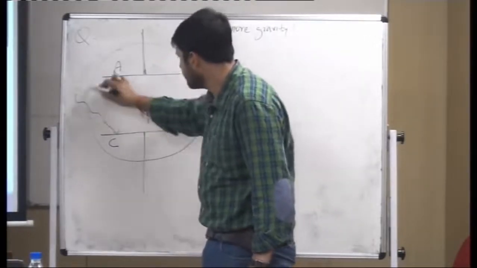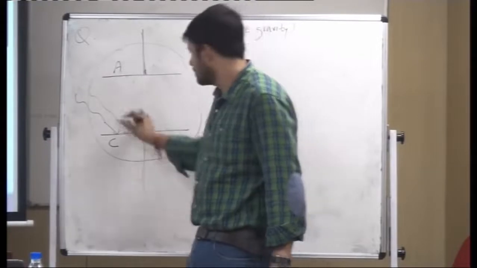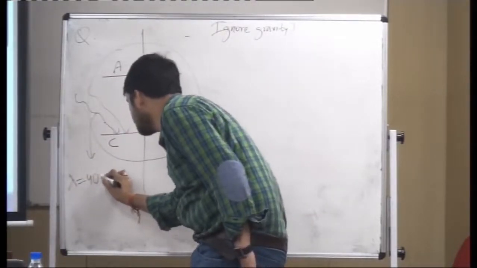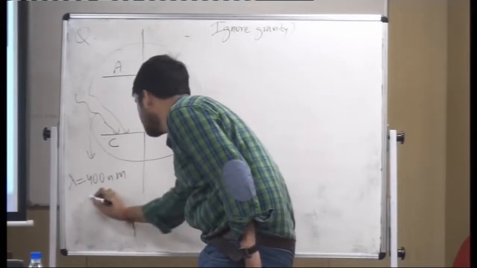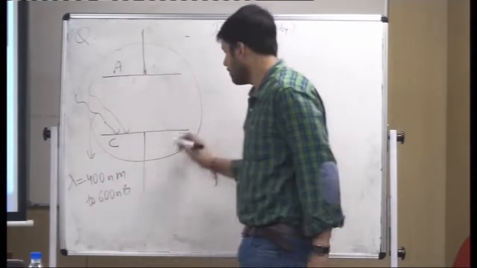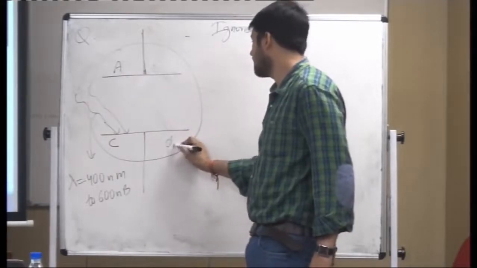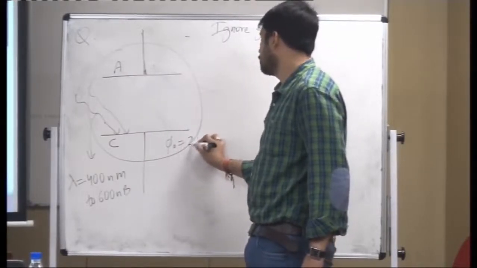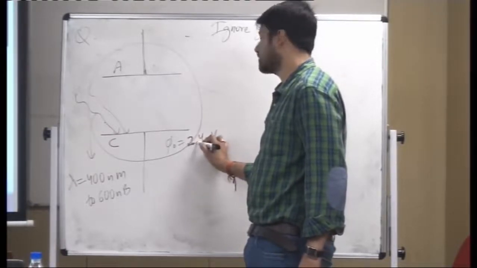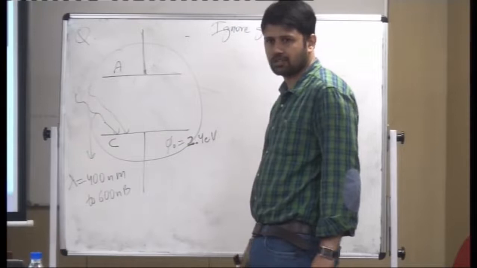Light is incident on this. The wavelength of light ranges from 400 nanometer to 600 nanometer. The work function of the metal is 2.4 electron volts.